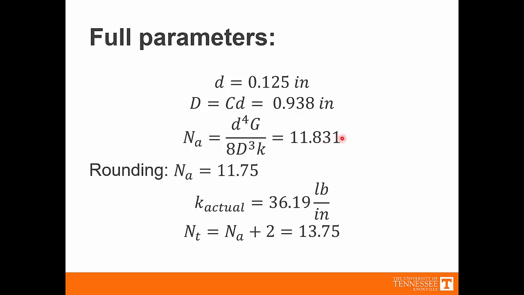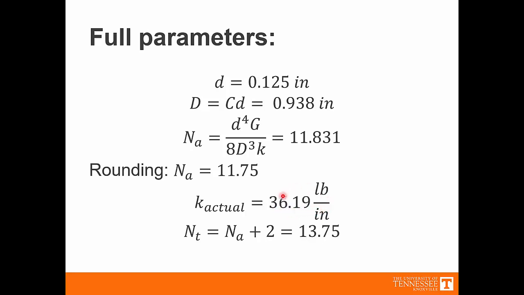Now remember, I told you that we're not going to be able to do this either. The manufacturer is going to be forced to truncate down to the nearest quarter of a coil. So the nearest quarter of a coil would be going down to 11.75. This means instead of achieving the 36 pounds per inch that I desired, what I'm actually getting is 36.19.